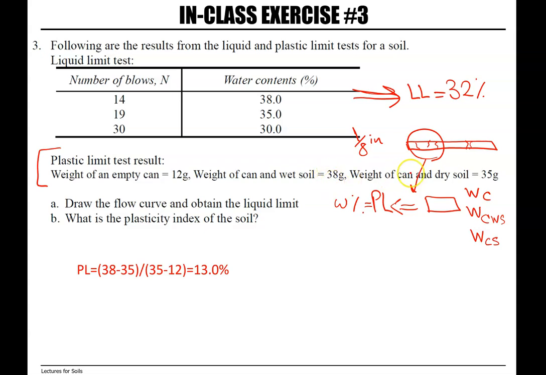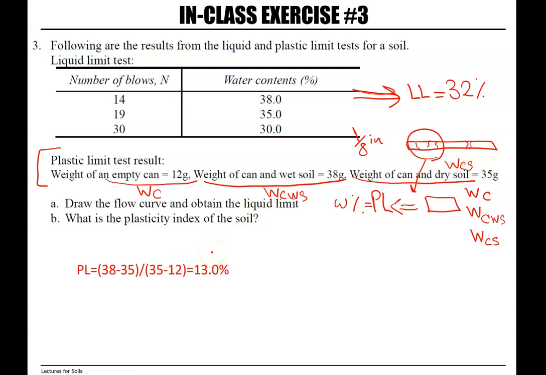So we have 38, weight of can and wet soil, weight of empty can, 12, and weight of can and dry soil, 35.